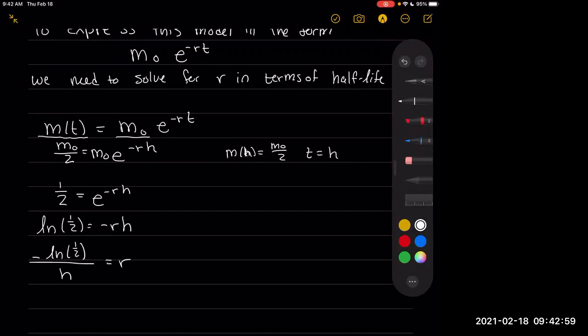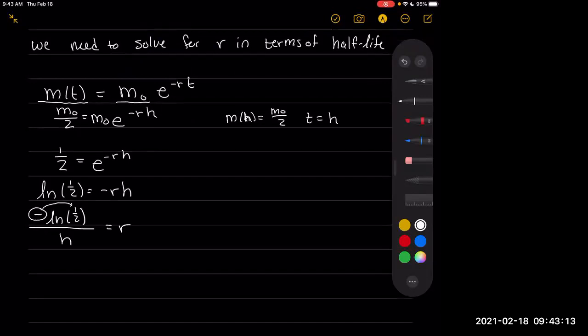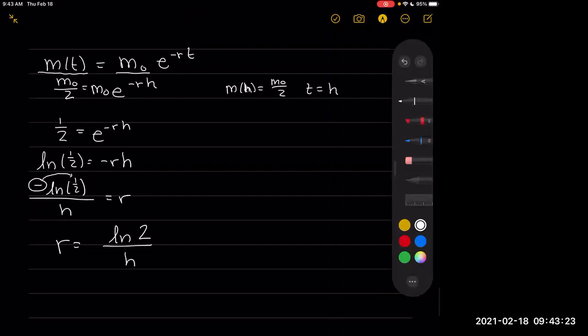I'm going to take this negative sign and bring it inside the logarithm so that I can rewrite this as r equals the natural log of 2 over h, instead of 1/2, because it's always better to have whole numbers than fractions.